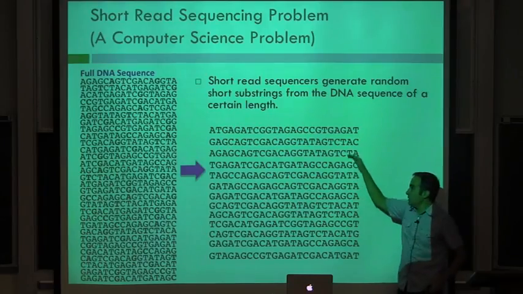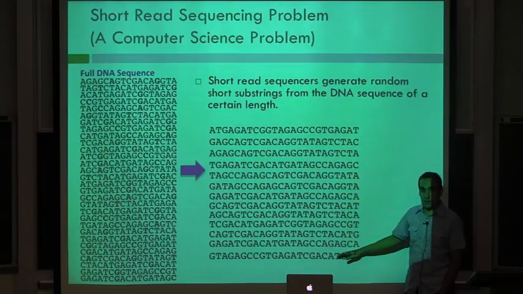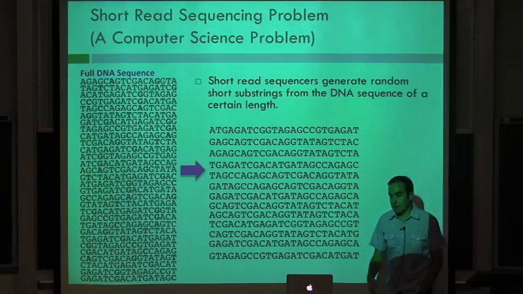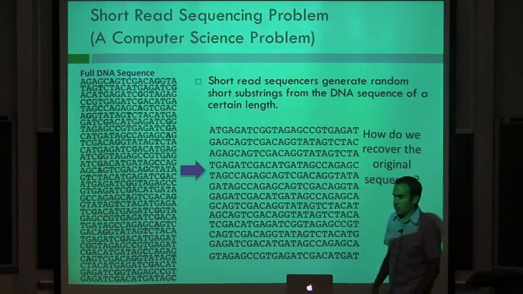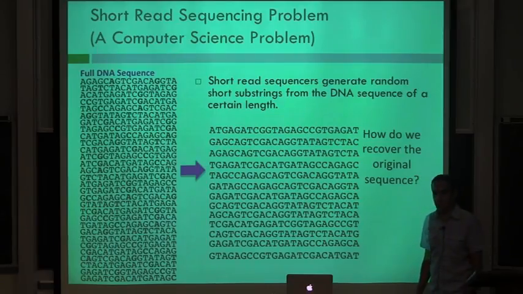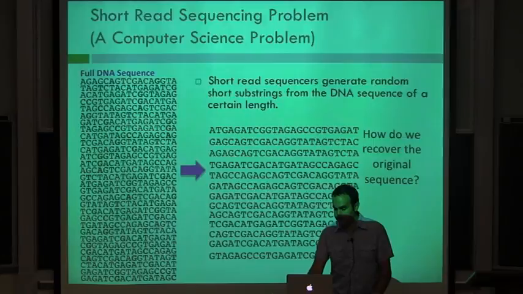So you just get this huge list of these 30 length substrings randomly selected from your full sequence. And so the goal is, how do we recover the original sequence? That's the problem.